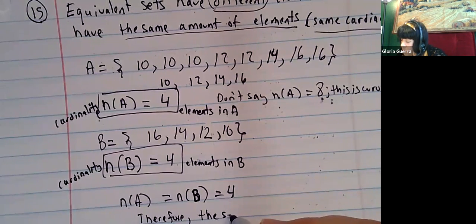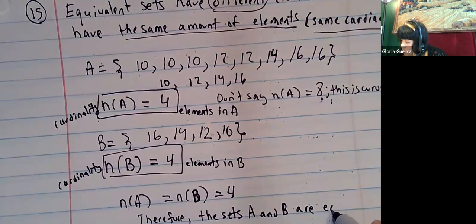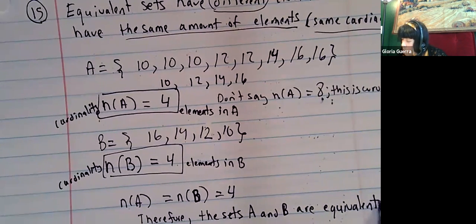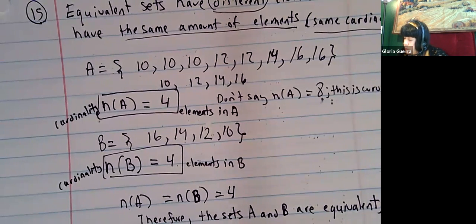The sets, therefore, the sets A and B, they are equivalent. They have the same cardinality, namely 4.